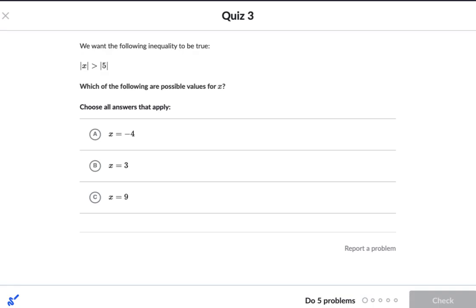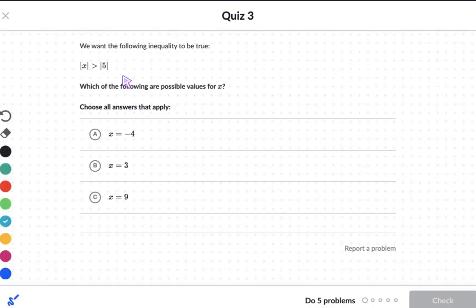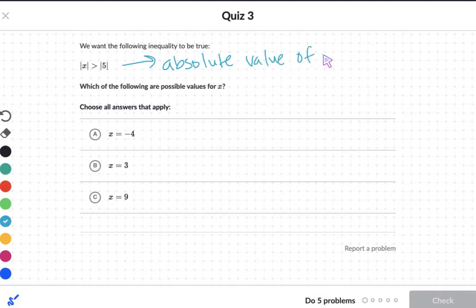Okay, here is an example. We want the following inequality to be true. This right here has the bars, the absolute value bars. So we want to know the absolute value of x.